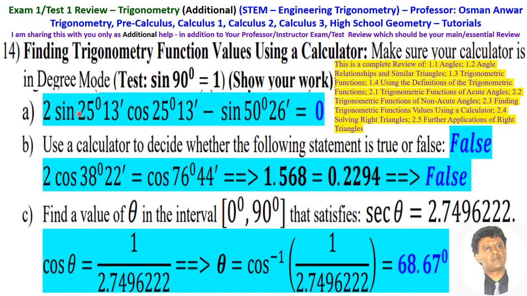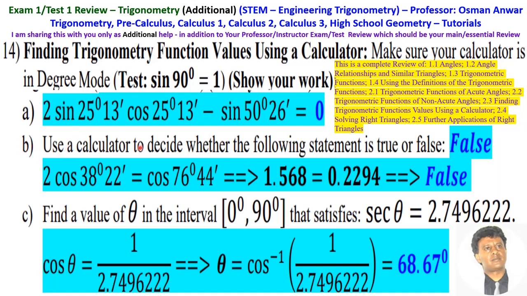So notice here it is 25 degree and 13 minutes, and 50 degree and 26 minutes. The relationship between them is that 50 degree 26 minutes is twice the 25 degree and 13 minutes. And we'll see later in the chapters that this is an identity that we'll look at in the coming chapters.